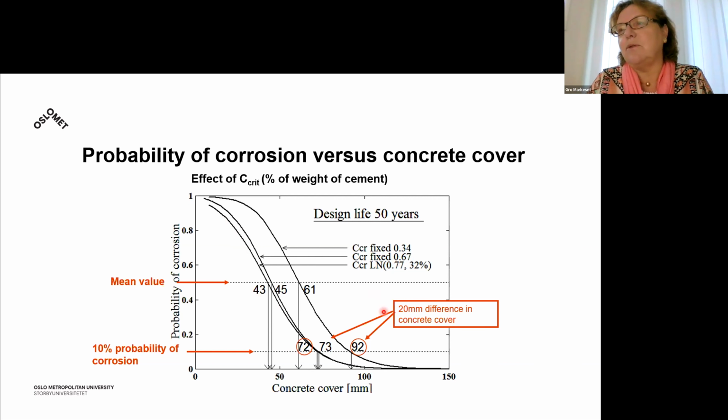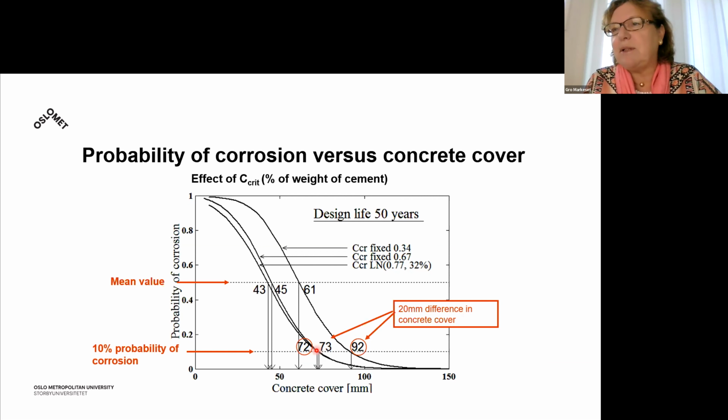And as we see, the mean value is at 50%, so you can see here. But for 10% probability of corrosion, which is the acceptance criteria, we see that for the log normal distribution found in the concrete quay, and for this fixed value, 0.67, we need around 73 millimeter concrete cover to reach 50 years service life.